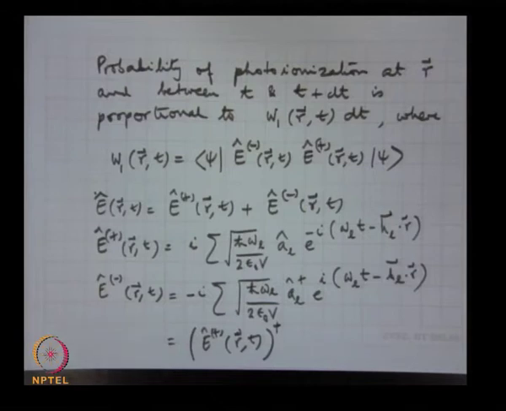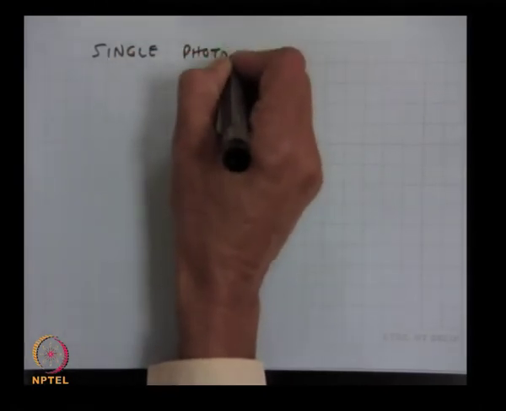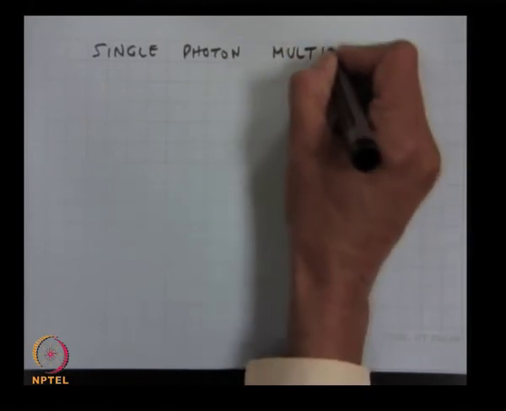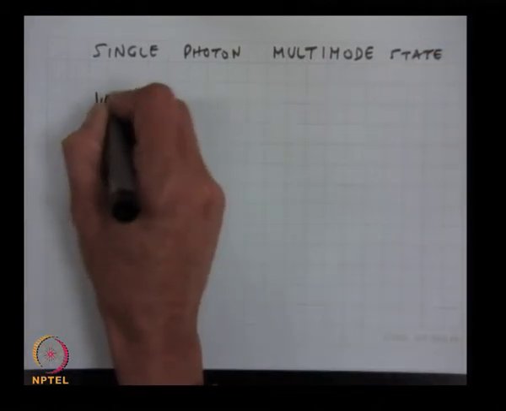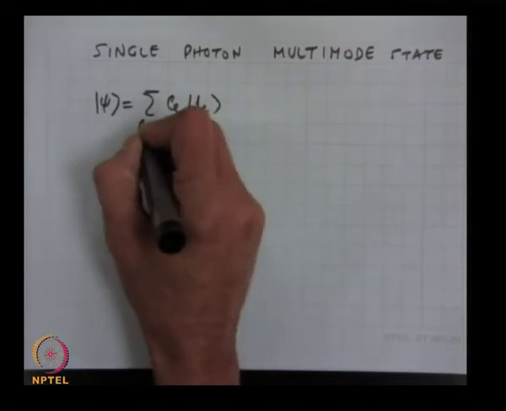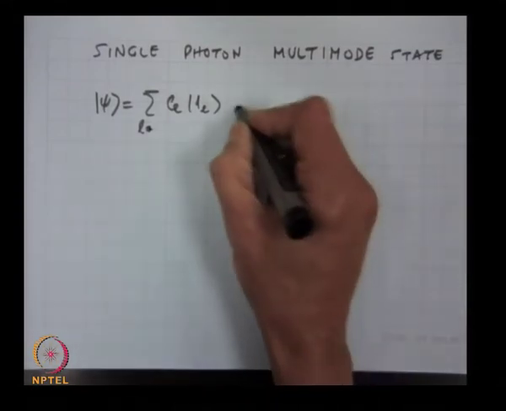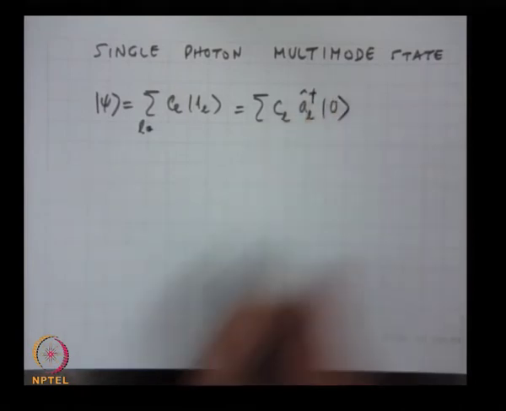So first let me start with the simplest example of a single photon multimode state. Remember, we had written this as a summation over L of some expansion coefficients C_L, A_L dagger, acting on |1, 0>.